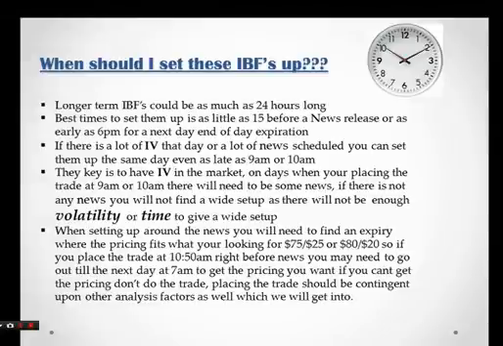Okay, so when you're setting these things up around the news, you'll need to find an expiry where the pricing fits what you're looking for. So what are we looking for as far as pricing? We are looking to sell the top for 75 and buy the bottom for 25, or we'll go as high as 80 and 20. So if you place a trade at 10:50 a.m. right before a news event, you may need to go out till the next day, even as late as 7 a.m. to get the pricing you want on the trade.